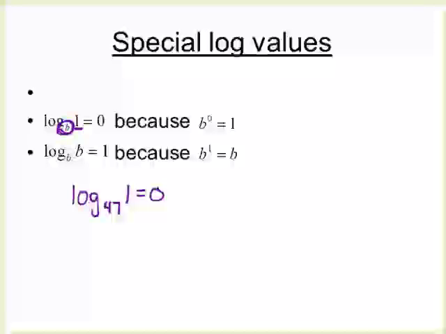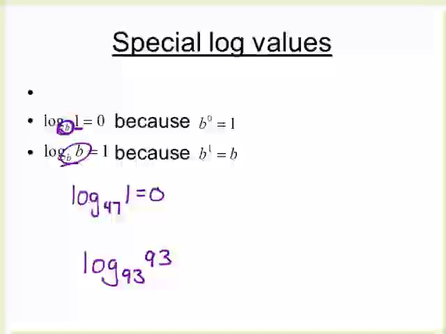And one other special case is if the base and the thing inside of the log are the same, it will equal 1. So log base 93 of 93. Well, the question a log is answering is the base 93 to what power would equal this number?